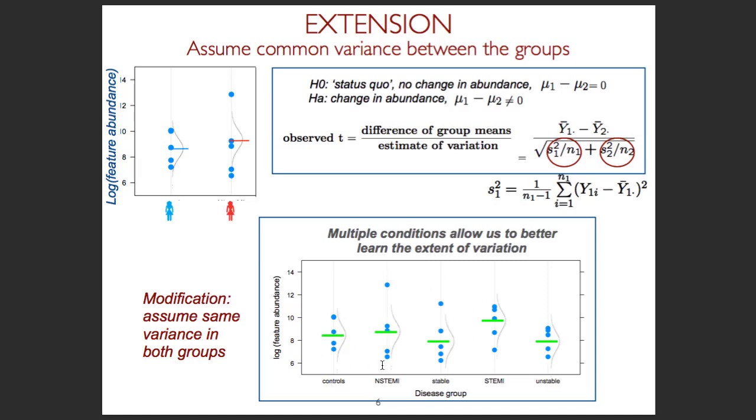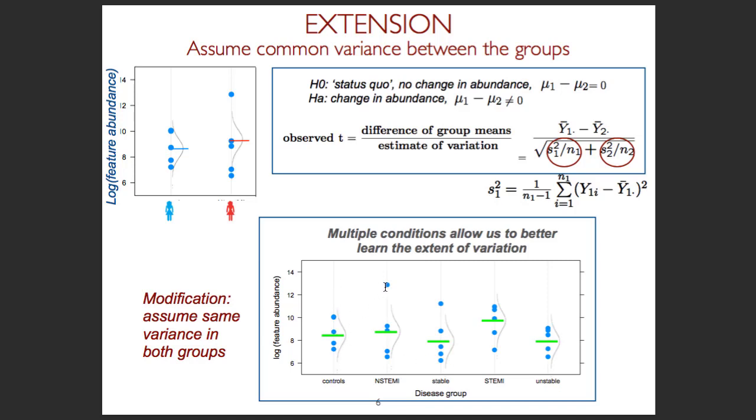And in this case, what we can do is, if we have more than two conditions, we can have subjects from different groups. Each group will have its own mean, of course, because it assumes that we have different extent of protein regulation in each group.